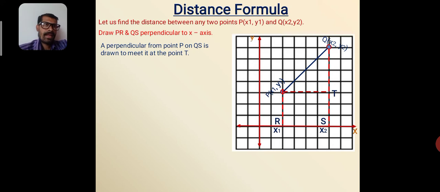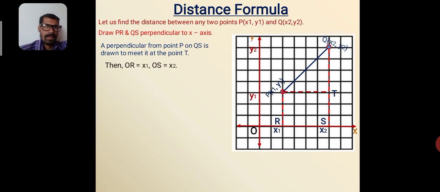Now, Q on the y-axis is y2, the position of the y-ordinate is y2, and T is y1. So what is the length of QT now? The length of TQ is y2 minus y1, because y2 is greater than y1.